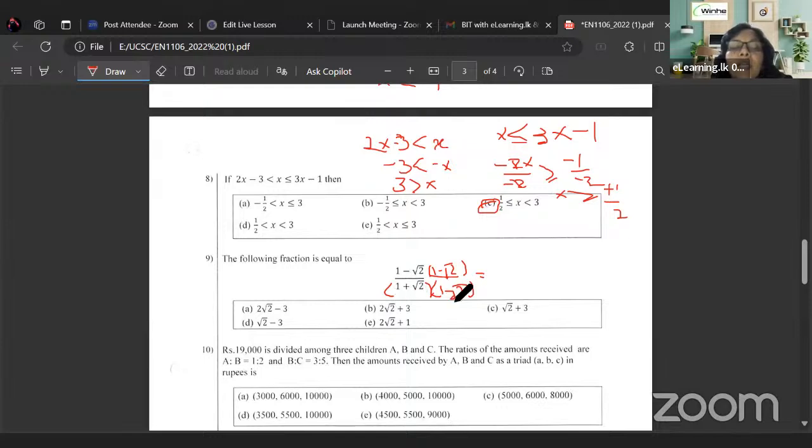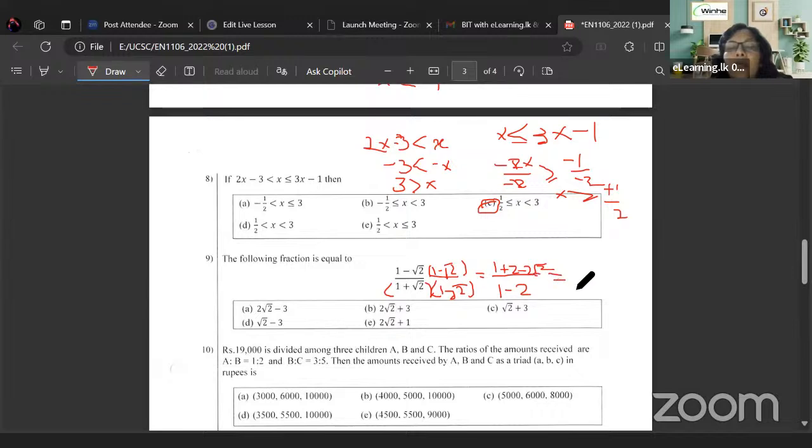So when you multiply the denominator 1 plus square root 2 with 1 minus square root 2, then it will become 1 minus 2. Right? Upper part will become 1 plus 2 and minus 2 square root 2.